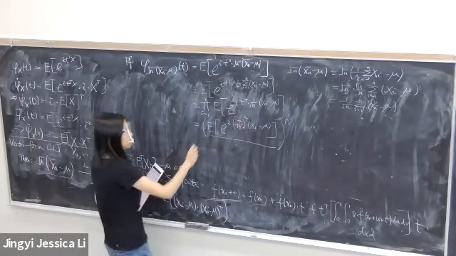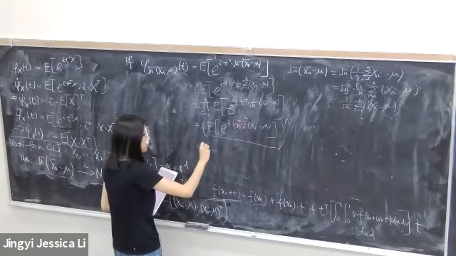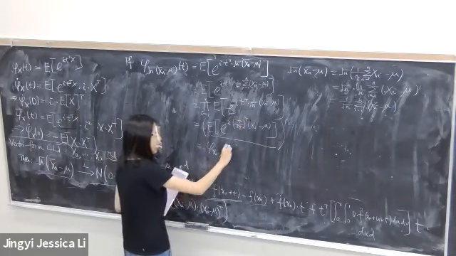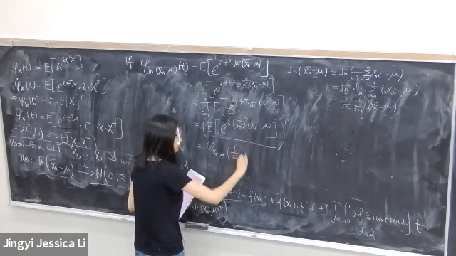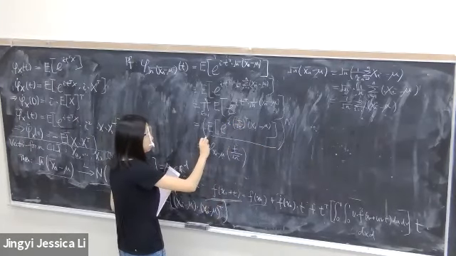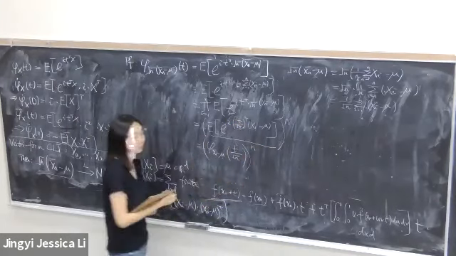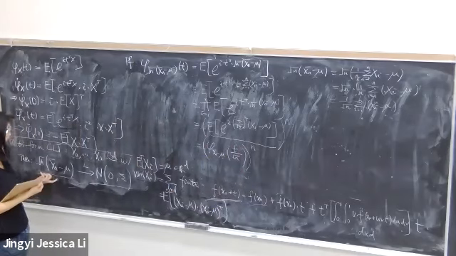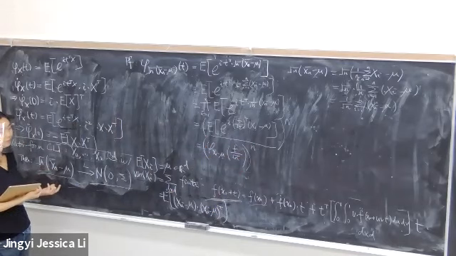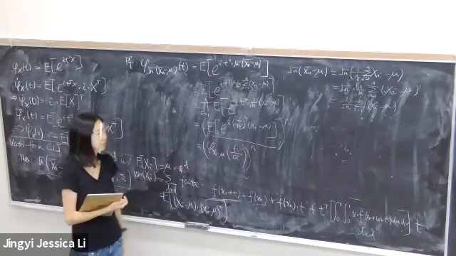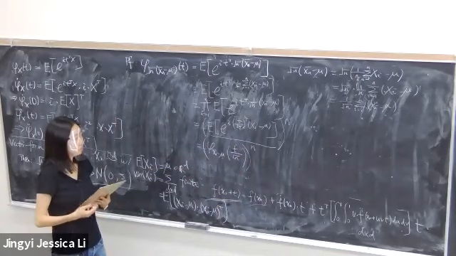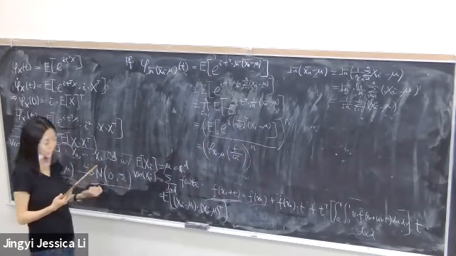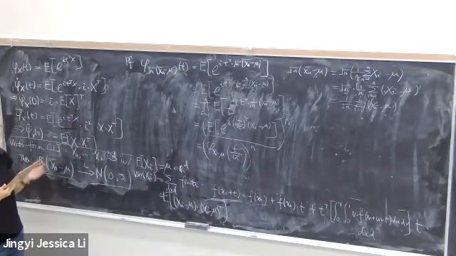This is actually the characteristic function of X1 minus mu at t over root n, by definition, to the power n. So the characteristic function of the left-hand side can be expressed this way. I just need to derive the characteristic function for X1 minus mu, the centered version of my random variable.